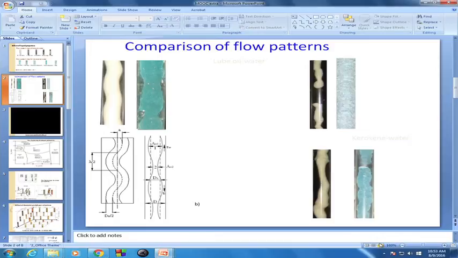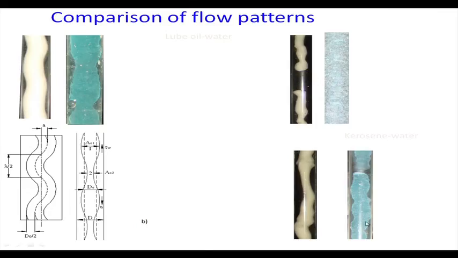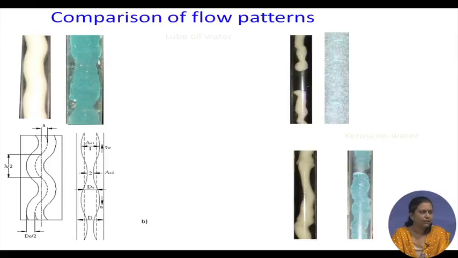I will just show you this particular slide, so that it will be easier for you to understand. Let us see this slide. Here, if you observe, I have taken the flow patterns of kerosene water and lubricating oil water.